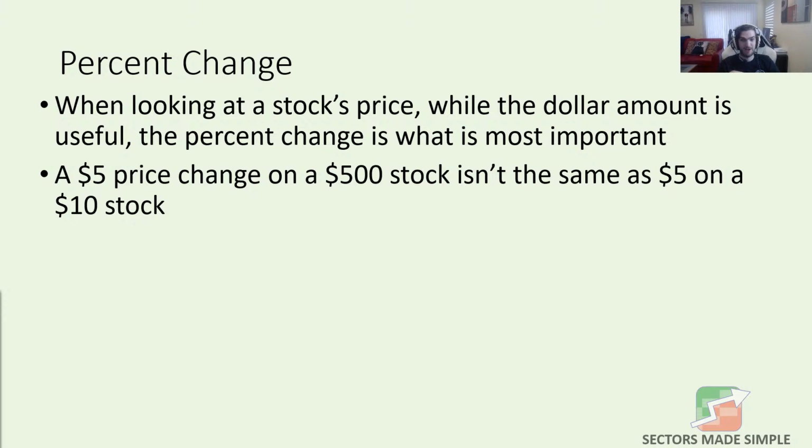If we have a $5 change on a $10 stock, all right, maybe it's time to go on a nice vacation to Maui. The dollar amount is useful, but the percent change is what gives us context. It tells us, is that $5 a lot or a little?